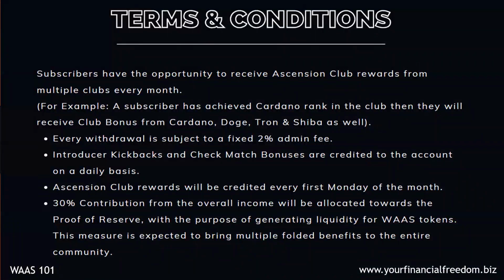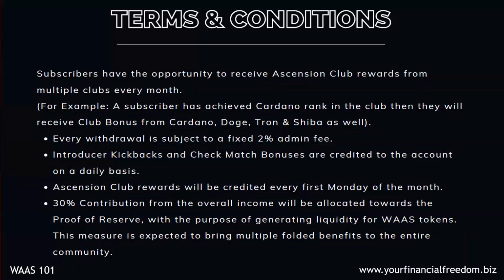For example, if someone has achieved the Cardano rank, that means in the club, they will receive the club bonus for Cardano, Doge, Tron, and Shiba as well. Now, that means the first rank is Shiba, the second rank is Tron, the third rank is Doge, and the 4th rank is Cardano.